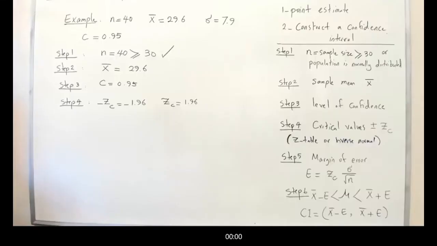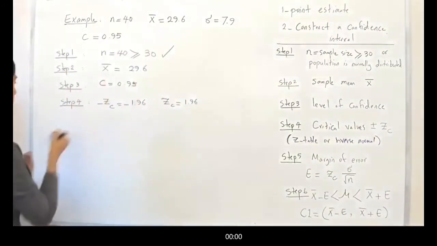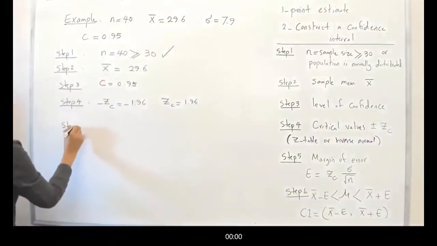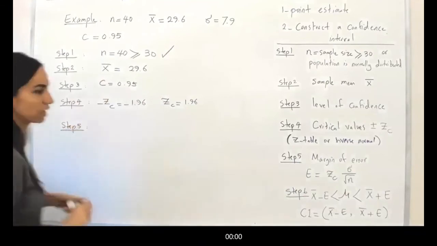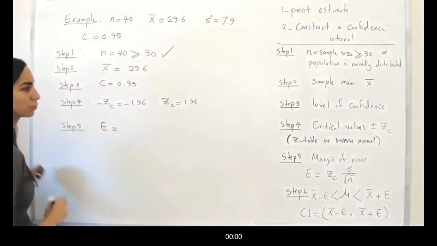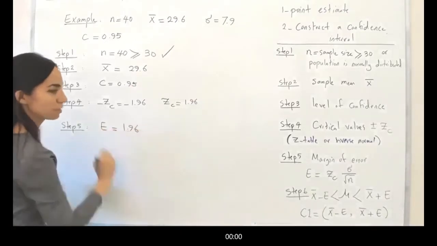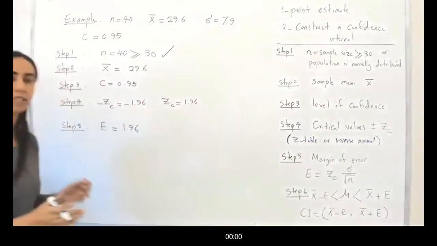Very well. In our next step, step 5, what do we have? We have the margin of error. E is equal to positive ZC, 1.96, times sigma. What is sigma?